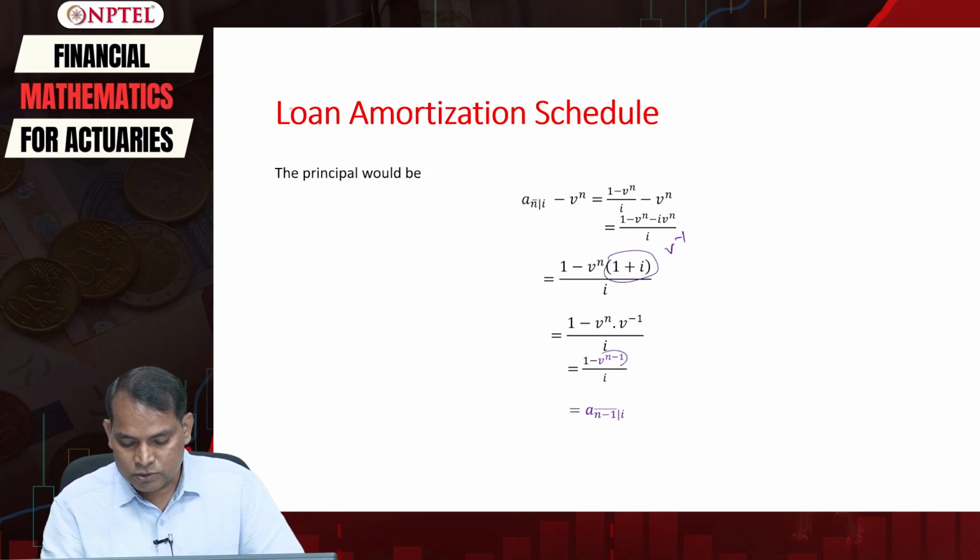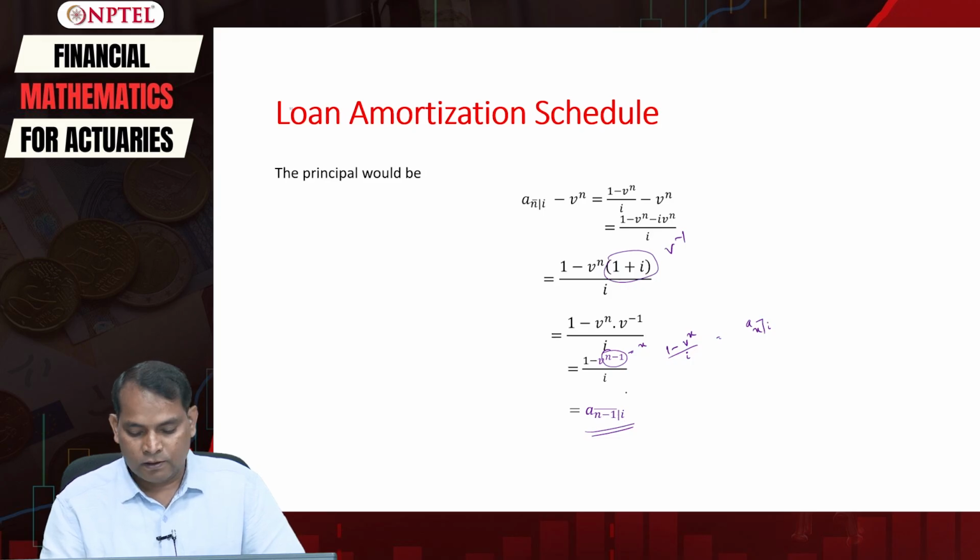Now considering this n minus 1 as one part, let us say it will become x, then we will have (1 minus v to the power x) divided by i, or we can write this as a angle x at i. The same way we have written it here, that is a angle n minus 1 at i. So, this is the way we can compute the loan outstanding balances using the prospective method in the loan amortization schedule.